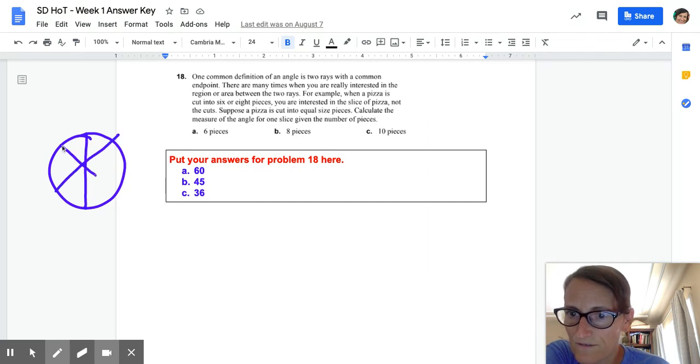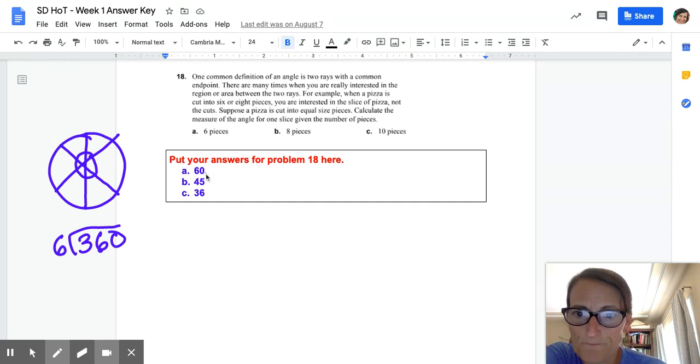Oh my gosh, these are not very even pieces. My kids would be mad if they got the small one. But if they were all even, you would just take this full 360 degrees and divide by 6. If you cut that into 6 pieces, then you would get 60 degrees.